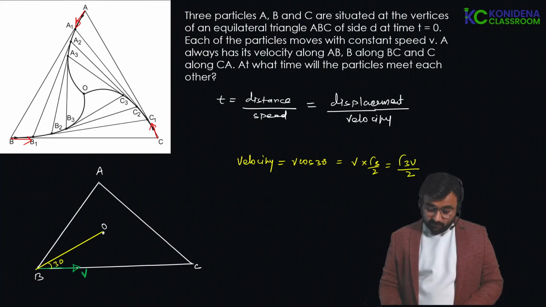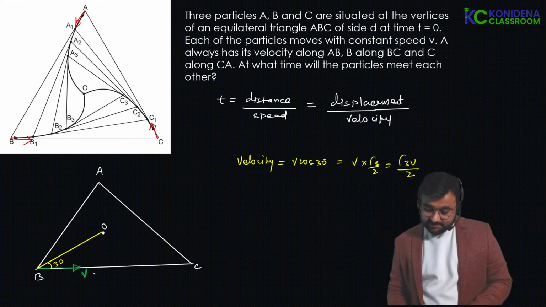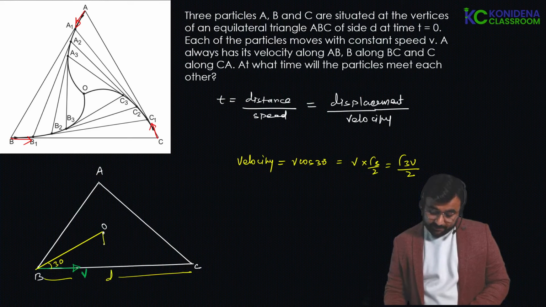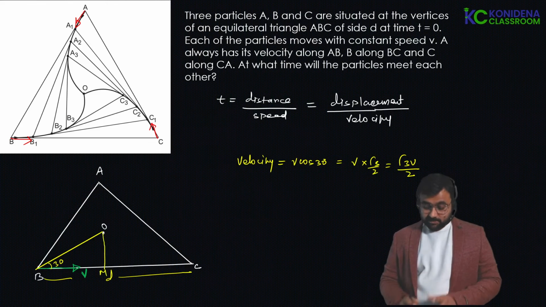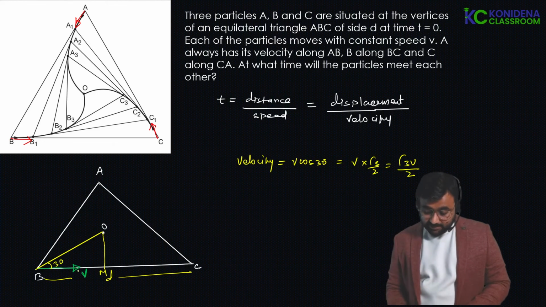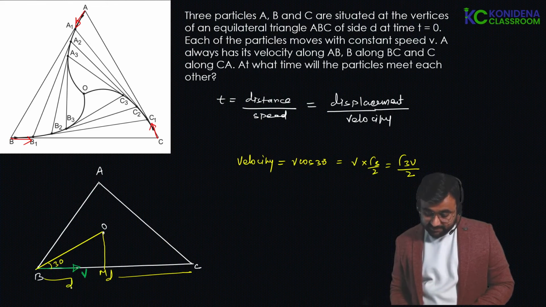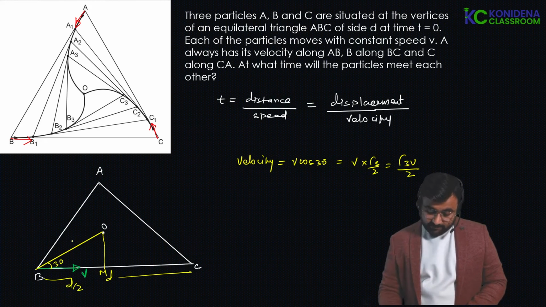If you consider this BC line, it has a distance D. And if we draw a perpendicular line from here, consider this M. So OM is going to bisect this BC line. The total distance was D, so this distance B to M is just D by 2. And we have to find this one, X suppose.